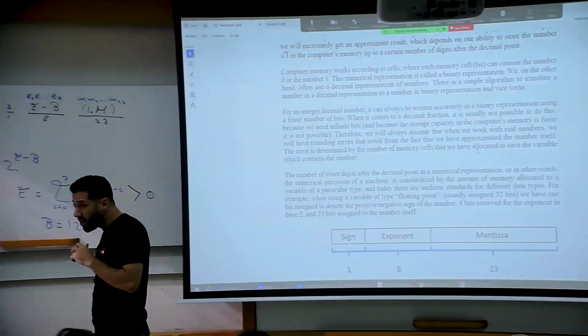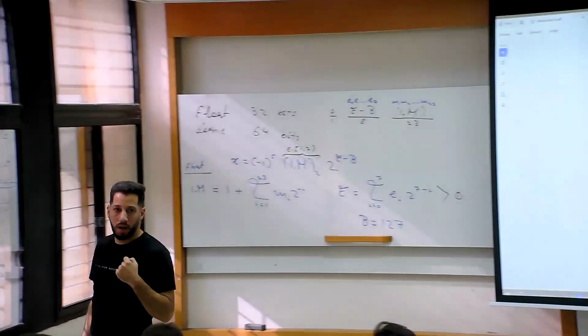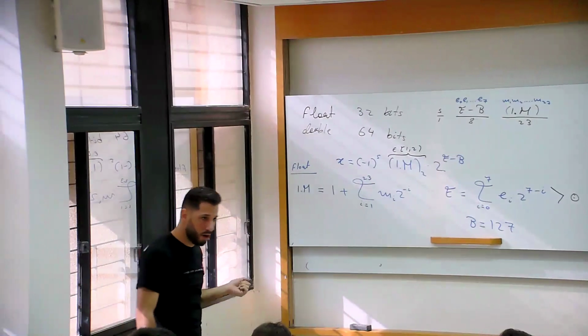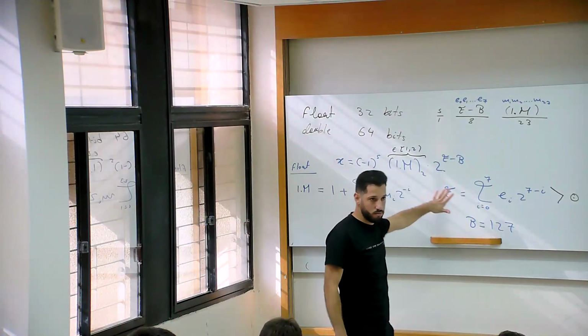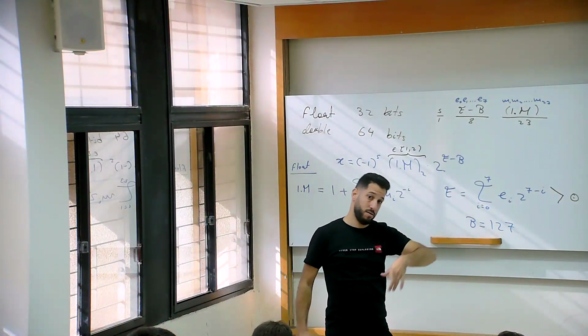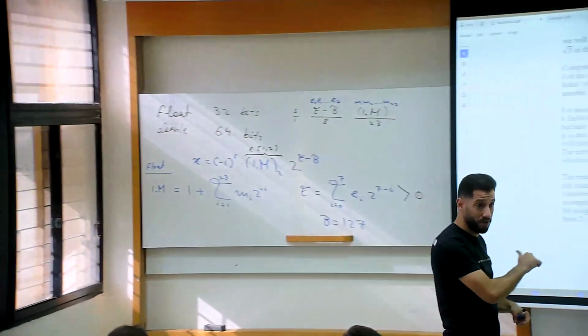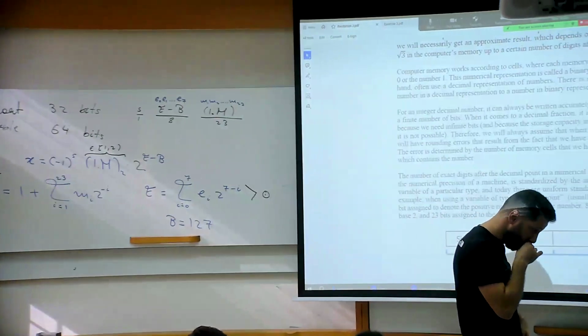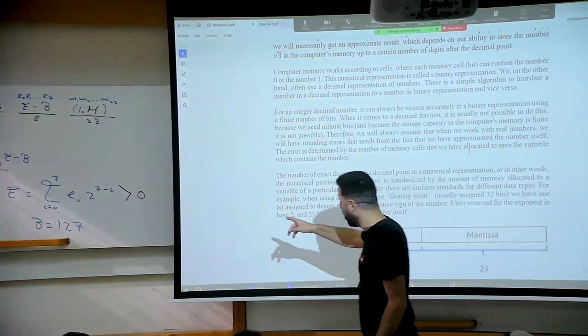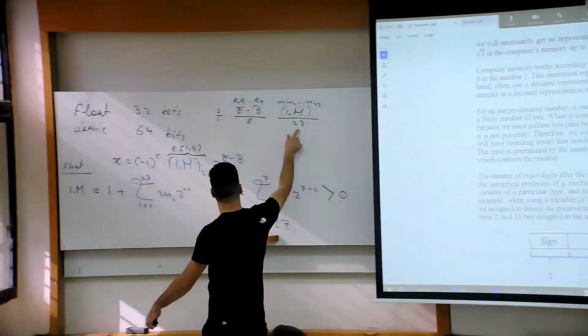So what about the error? If I represent a number in this way, again, a real number has infinite digits or infinite bits, but I use only, for example, 23 bits here.